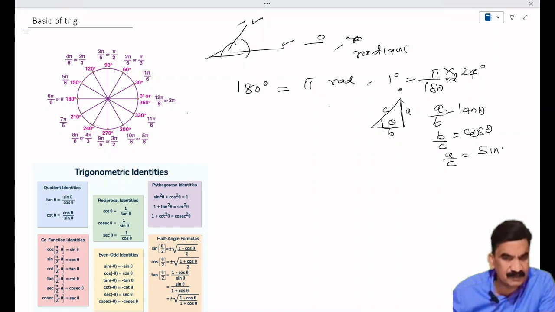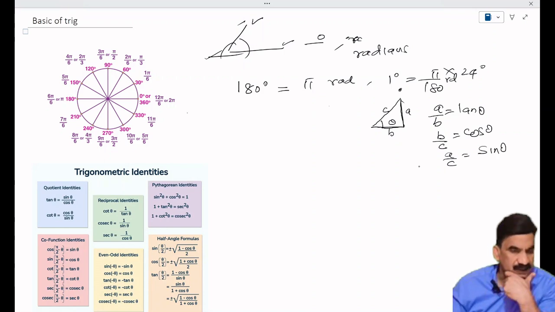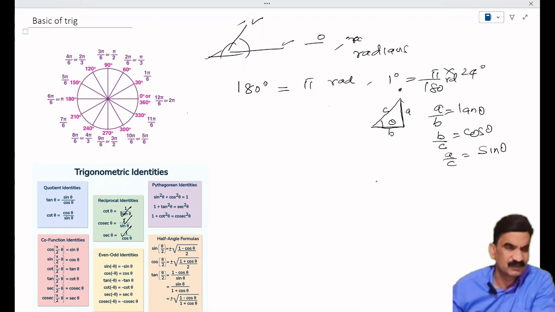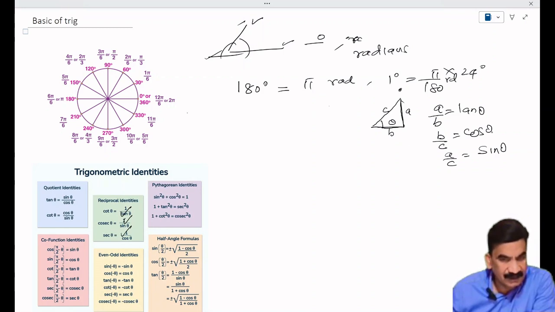These are some of the very basic ratios in trigonometry. We have their reciprocals. The reciprocals are given here. If you see, 1 by tan theta is cot theta, 1 by sine theta is cosec theta, and 1 by cos theta is sec theta. I don't have to get into details of this. The sine theta and cos theta are connected by a very, very basic identity which everybody knows.